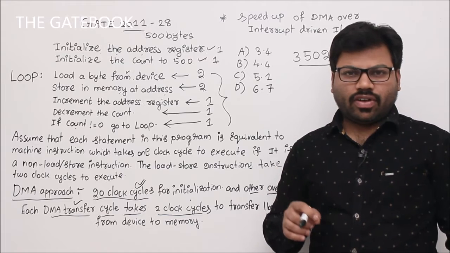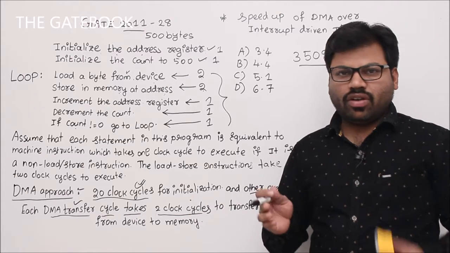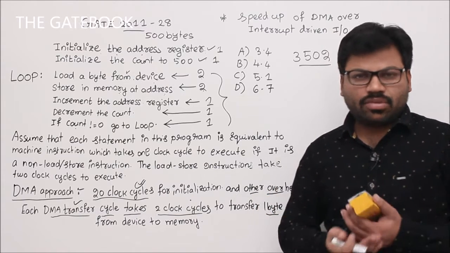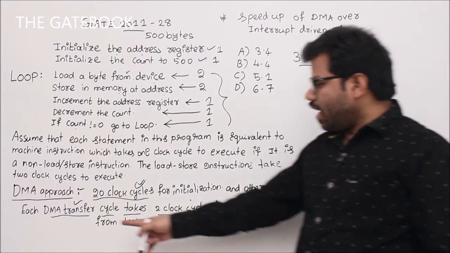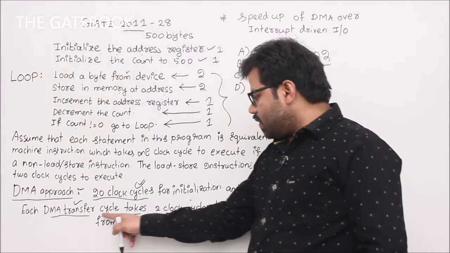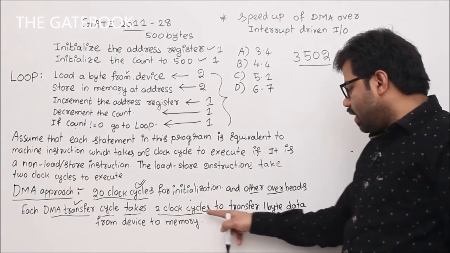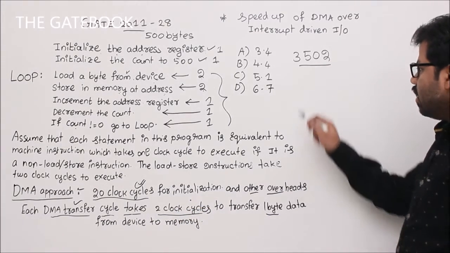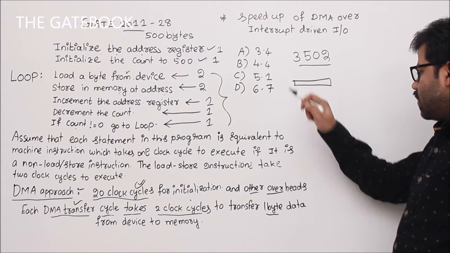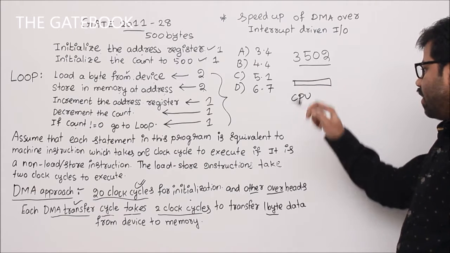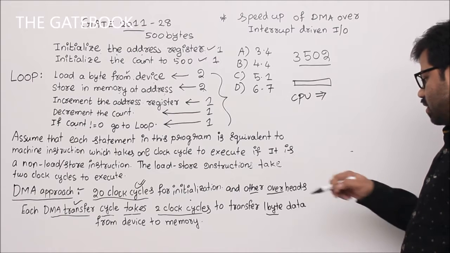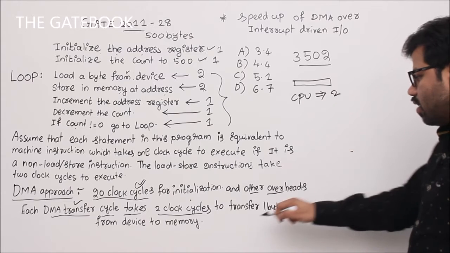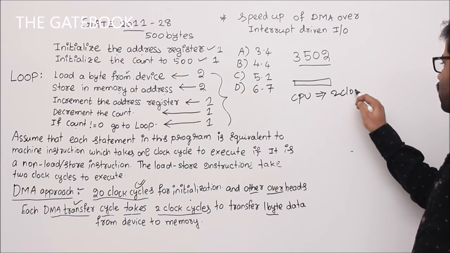In DMA transfer, after every byte transfer, the CPU will not interrupt the DMA. But here they have mentioned that each DMA transfer cycle takes 2 clock cycles, so after every byte transfer the CPU intervenes and wastes 2 clock cycles.